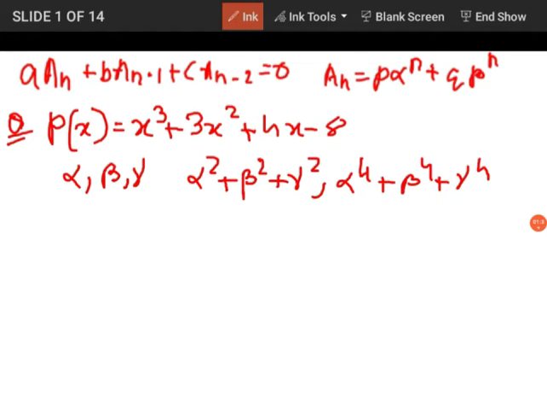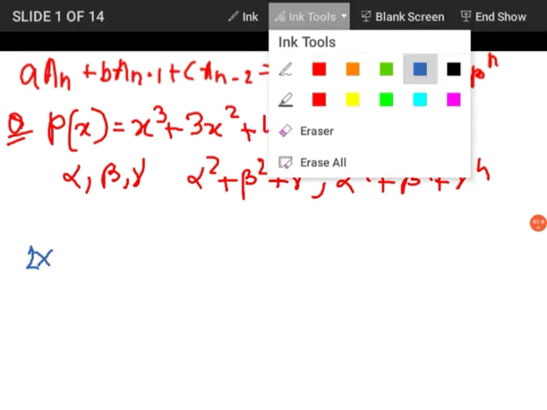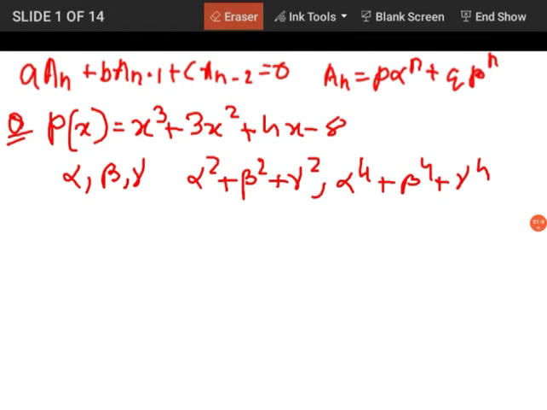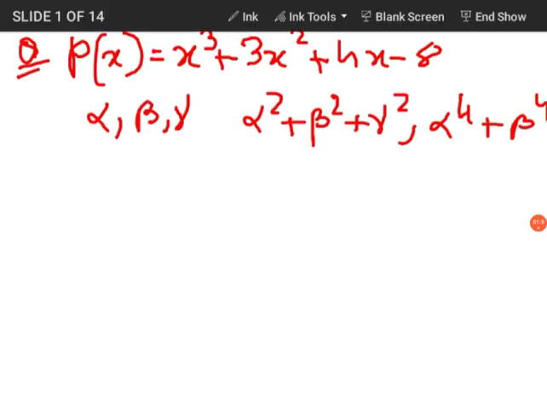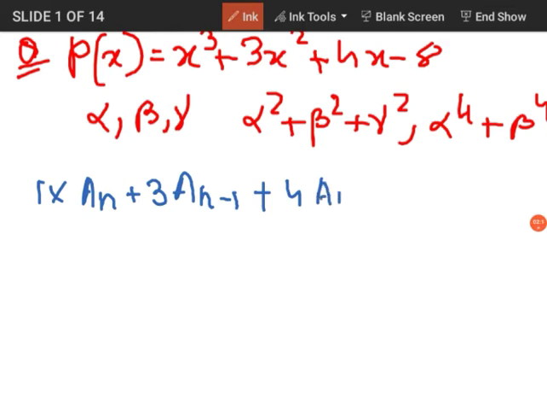First of all, as I told you, any equation can be written in that form, so simply here we can write it as 1 multiplied by an plus 3 multiplied by an minus 1 plus 4 multiplied by an minus 2 minus 8 multiplied by an minus 3 equals 0.